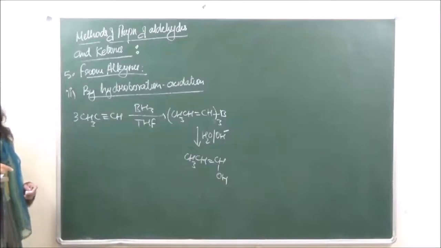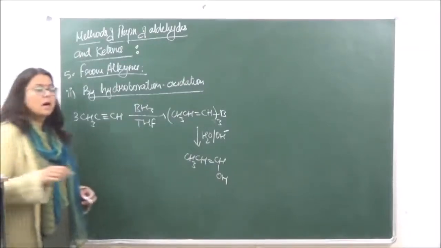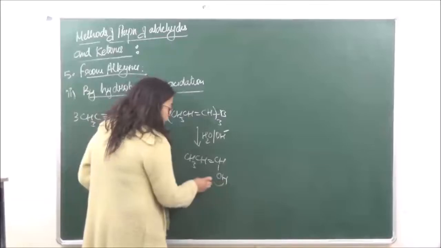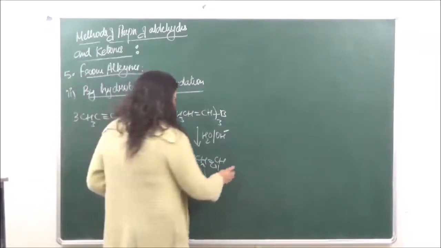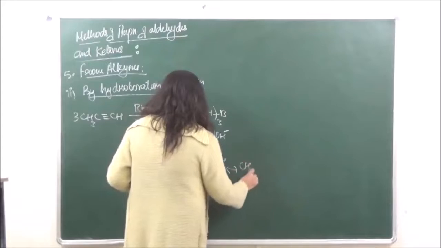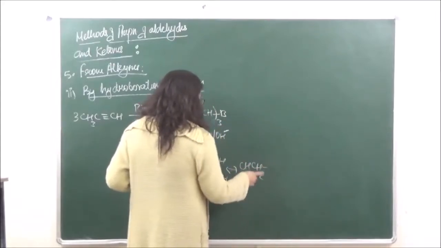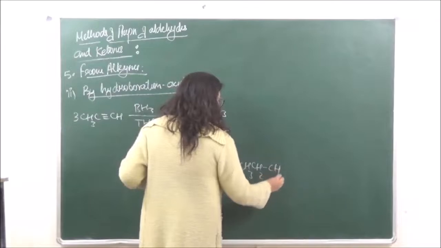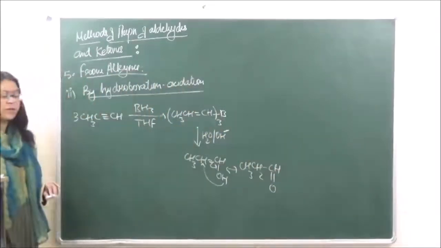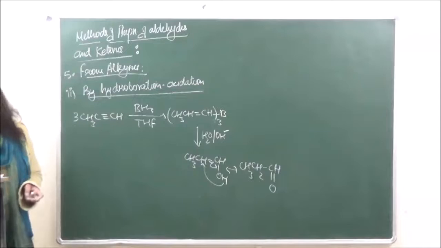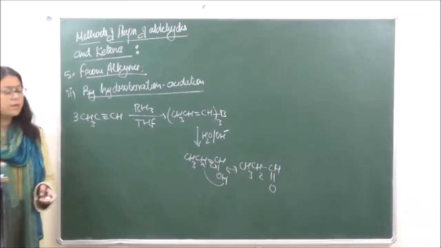Okay, now over here this can be tautomerized to give us an aldehyde. So hydrogen is going to go over here, double bond is going to go over here, such that we have CH3, CH2, CH, double bond O. This can be tautomerized to aldehyde. Okay, so it's the same kind of reaction as we had done over there.